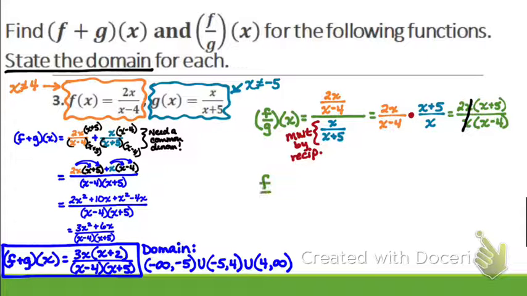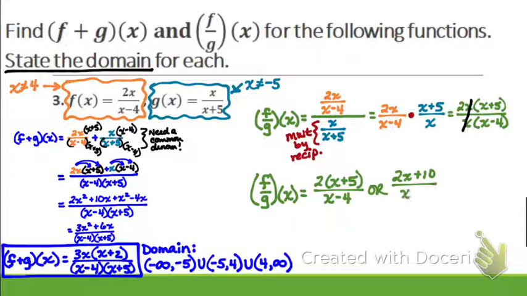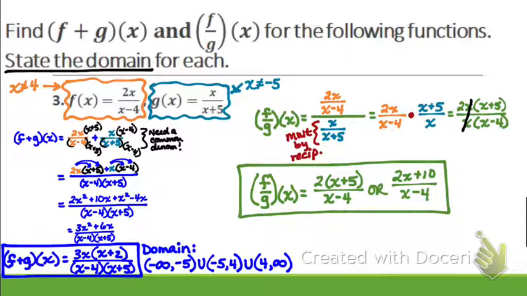So my quotient of f and g, you can choose to leave that undistributed. So you could write it as 2 times x plus 5 over x minus 4. Or you could distribute that to be 2x plus 10 over x minus 4. I will leave that up to you. I would count either one of those as fully correct. Either way of writing it, I see that it is fully reduced.